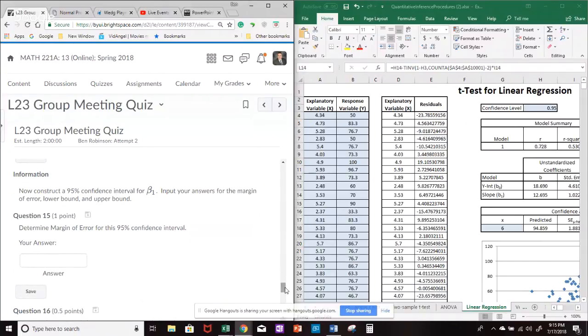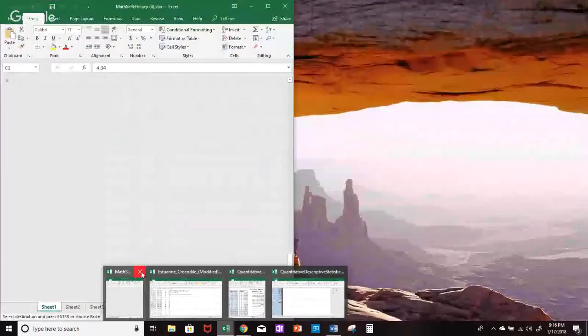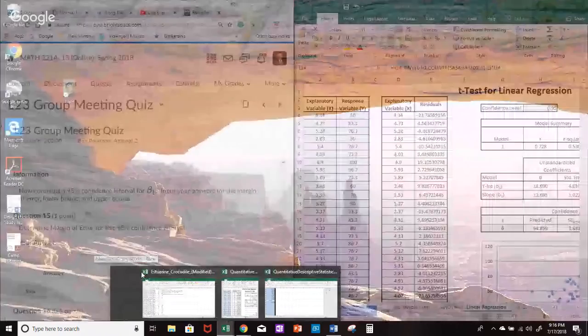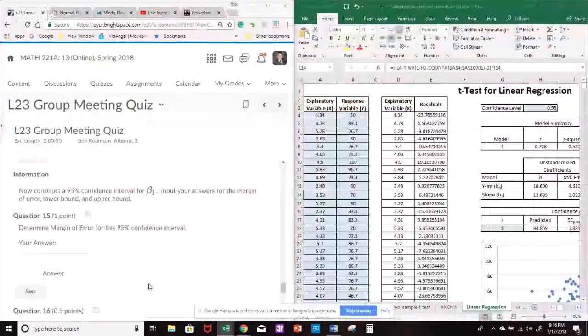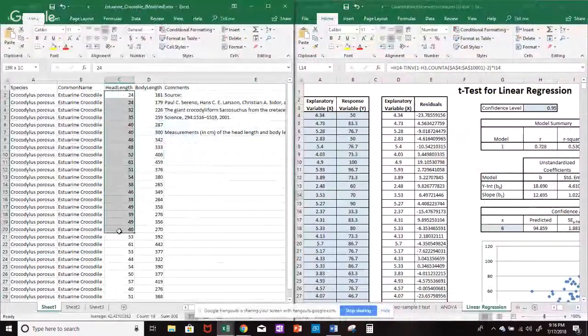I think, let's see if I can get this to copy over. Get rid of that one. And we want the head length here.